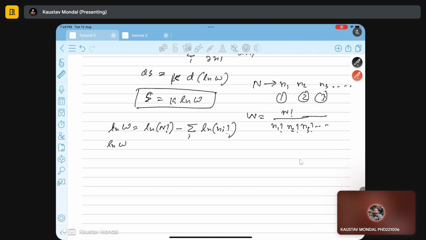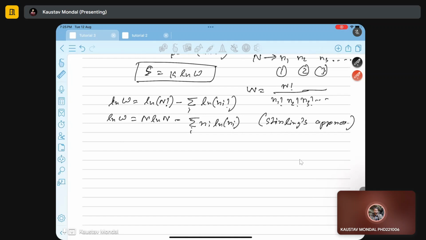Using the Stirling approximation, as we did previously, we get N ln N minus the summation over i of n_i ln n_i.